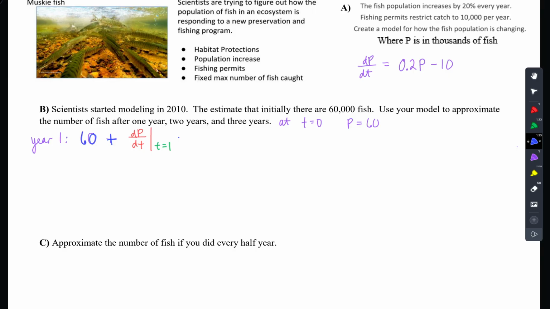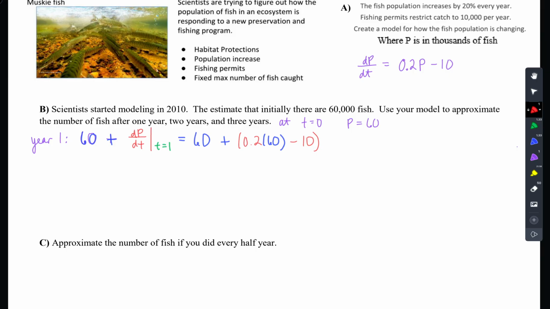So what ends up happening is you get your 60 and then you add in a full year's worth of fish catching and releasing and all that stuff. So you're going to add in 0.2 times the population 60, and then minus 10.